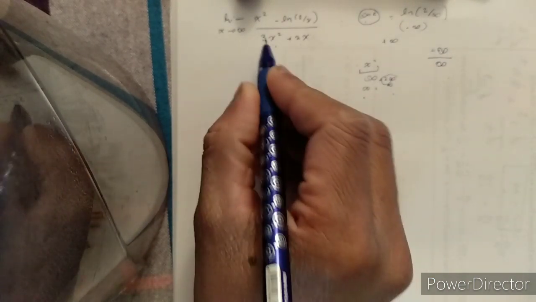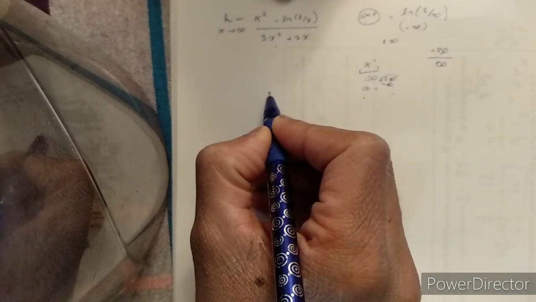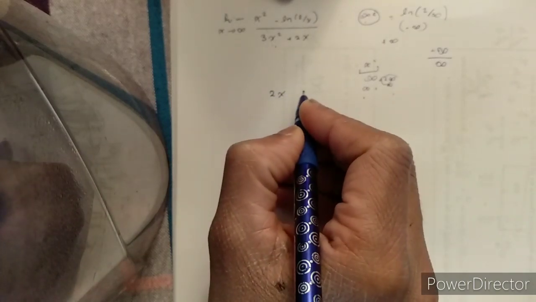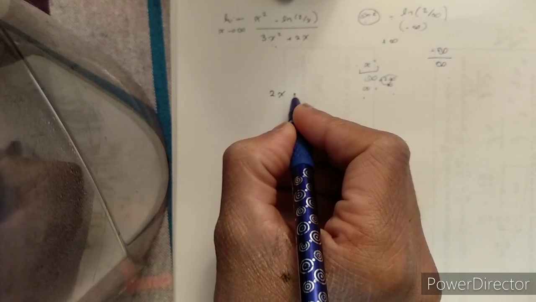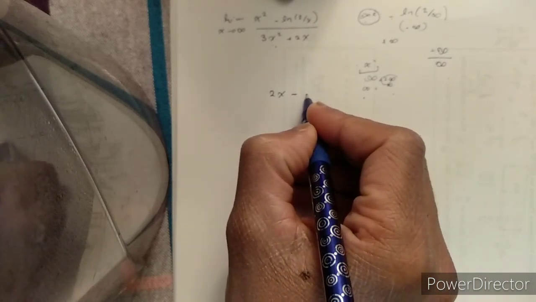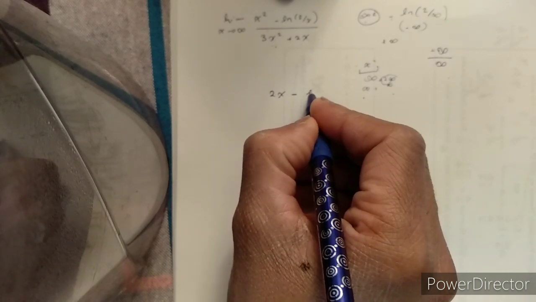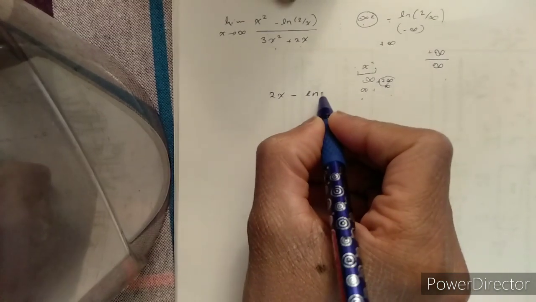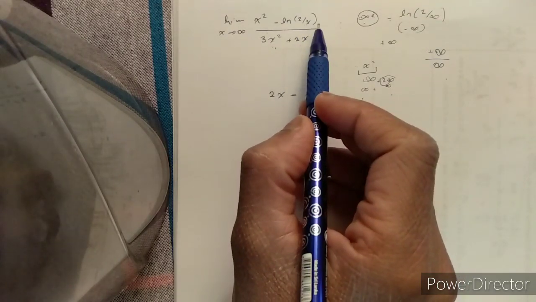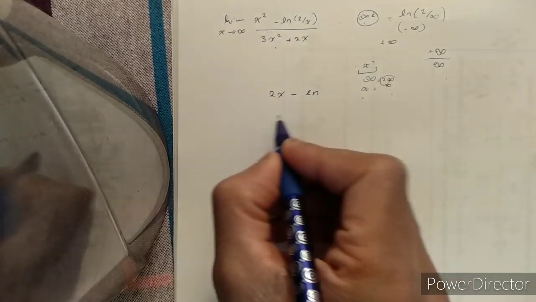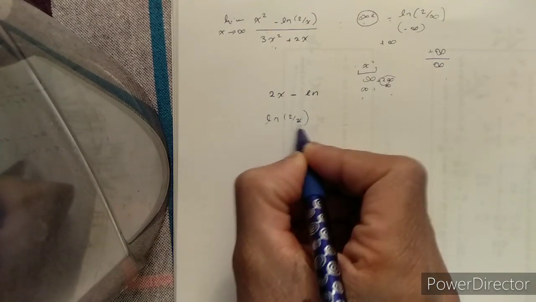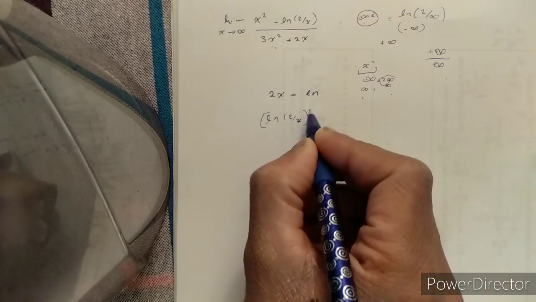The derivative of the numerator will be 2 times x minus the derivative of ln 2 over x, and there are two methods that you can follow.